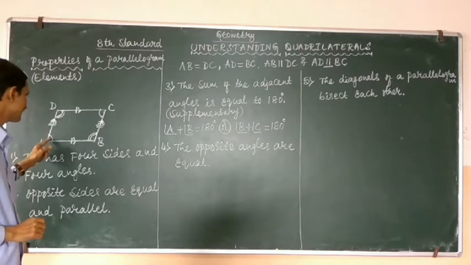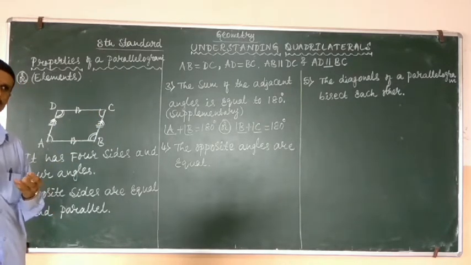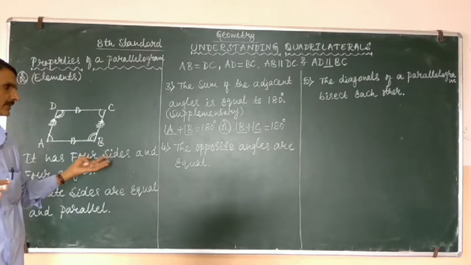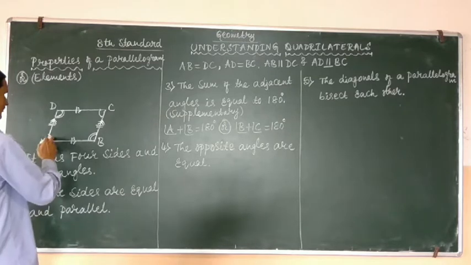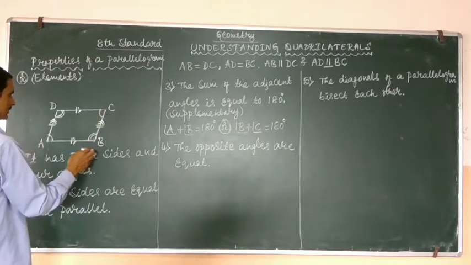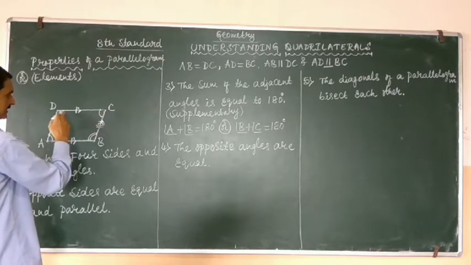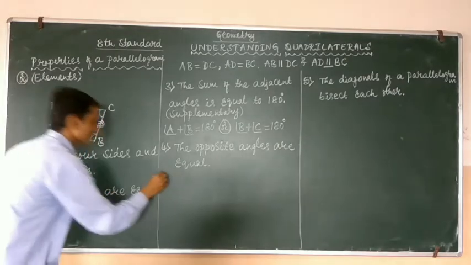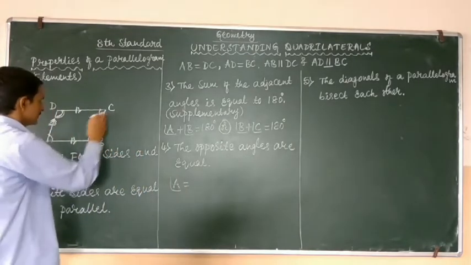If you measure the opposite angles of a parallelogram, they are equal. Therefore, opposite angles of a parallelogram are equal. Angle A is equal to angle C, and angle D is equal to angle B.